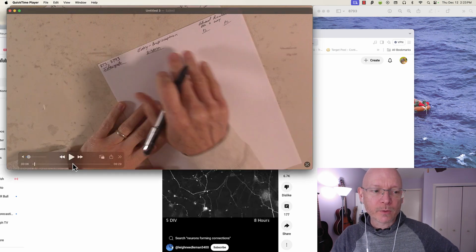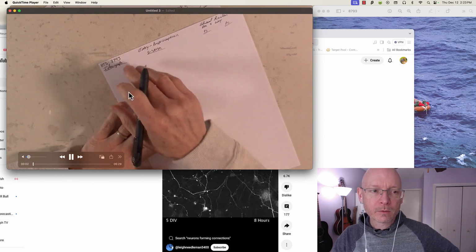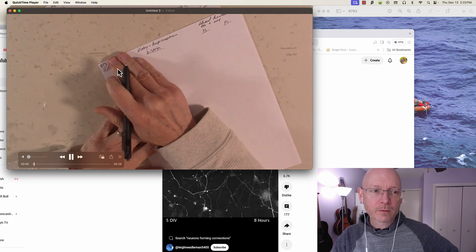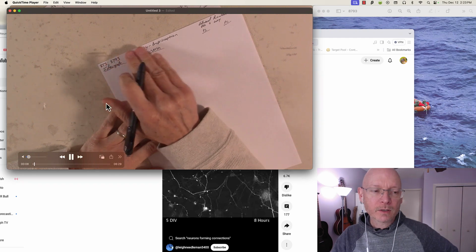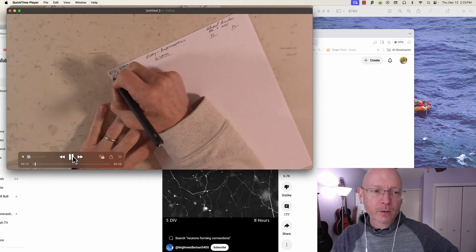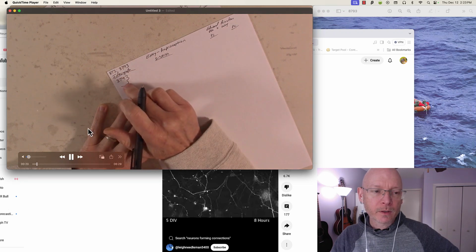Then once I start this process here, all this activity right here is making this activity here. I utilize my proprioceptors. An ideograph is produced.